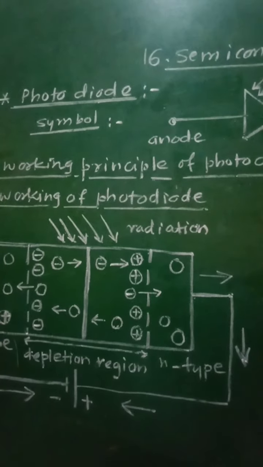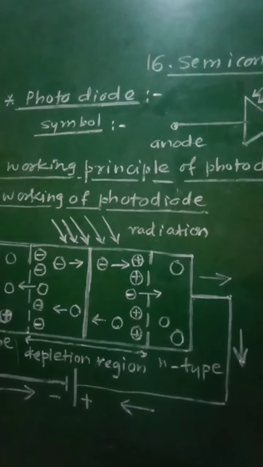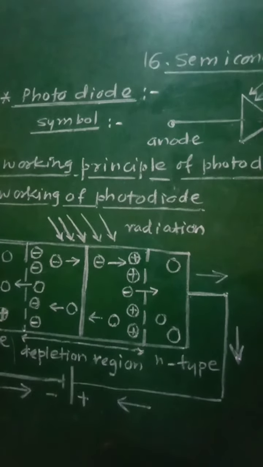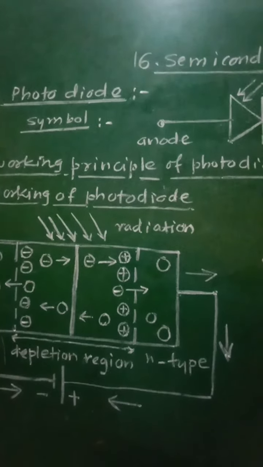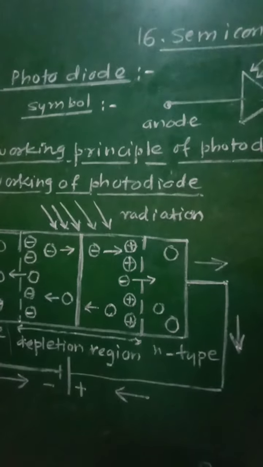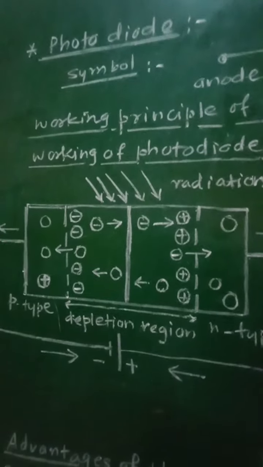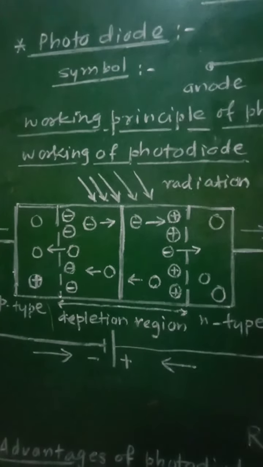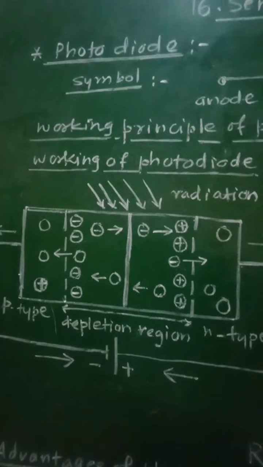The magnitude of this current is constant for a certain range of reverse bias voltages. This current is due to the minority carriers on either side. That is, if you consider the P region, it contains holes as majority carriers and electrons as the minority carriers.